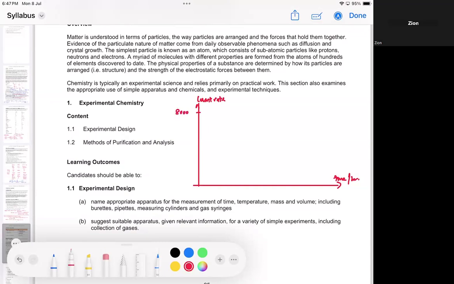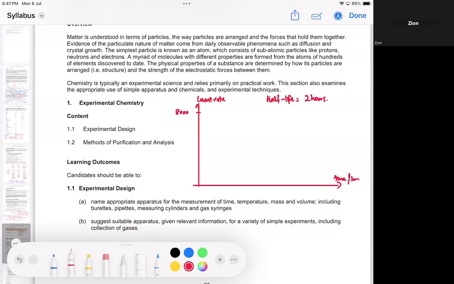This radioactive substance has a half-life of, let's say, 2 hours. So this means that when 2 hours have passed, the existing nucleus will have decayed by half.